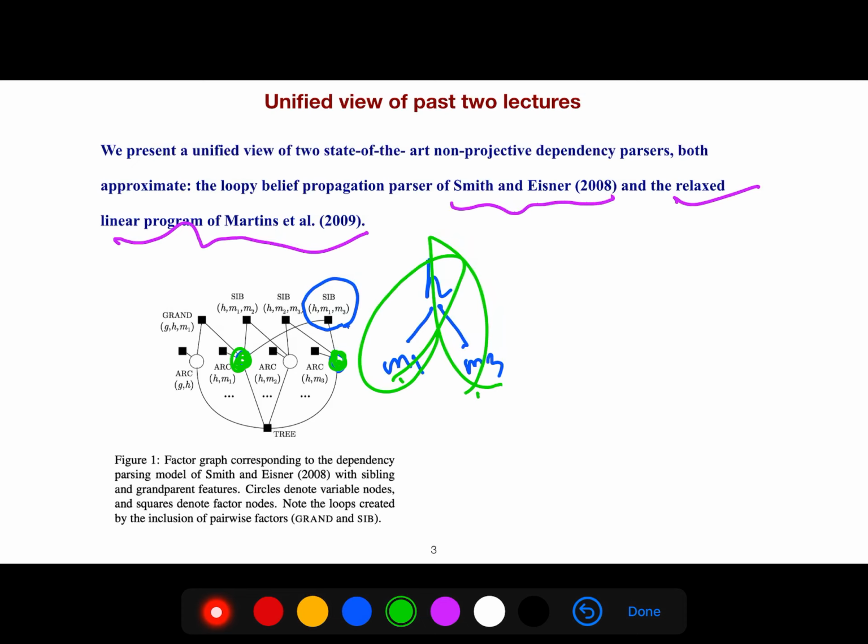You put your edges inside the variable node, so each node is an edge. If it is 1, it means that edge is enabled. If it is 0, it is disabled, or if you are working with labeled dependency parsing, it has discrete values, for example, different labels in dependency parsing, or universal dependency parsing labels similar to that.